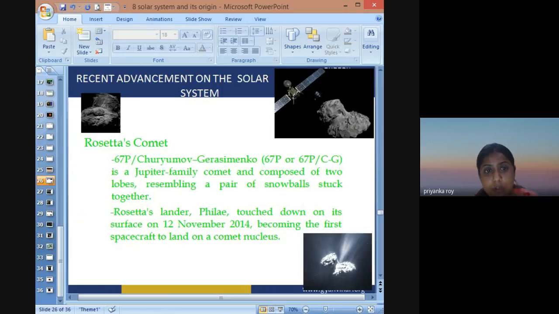These are flying objects, not people: Philae and the Rosetta lander touched the surface of the comet nucleus.